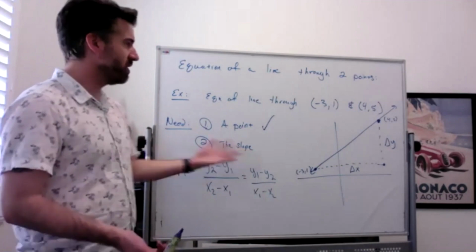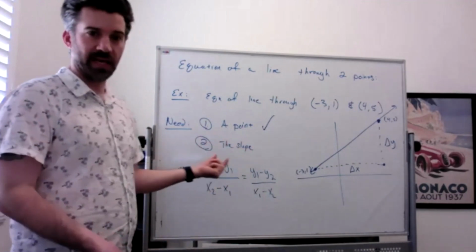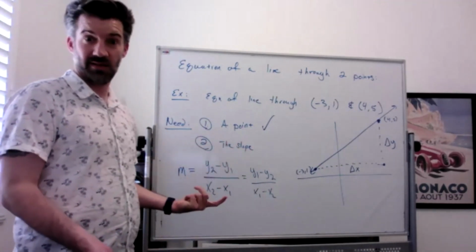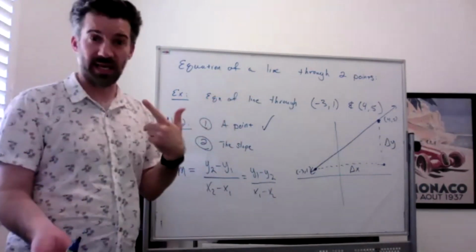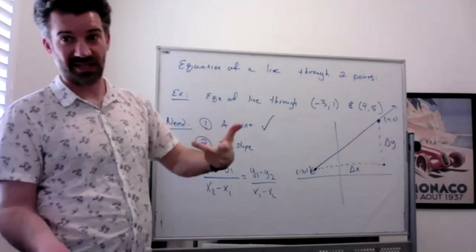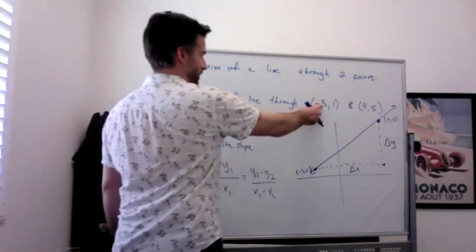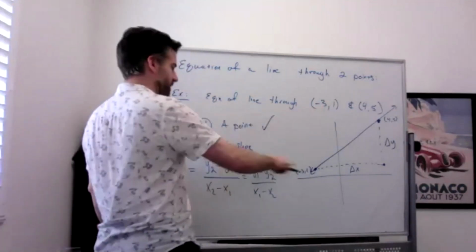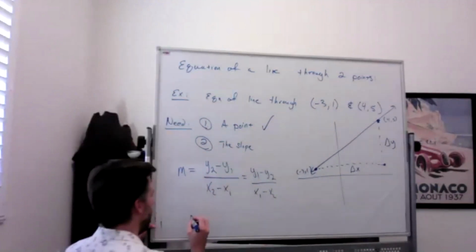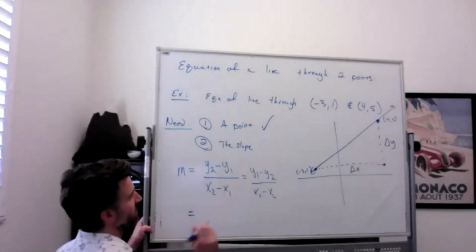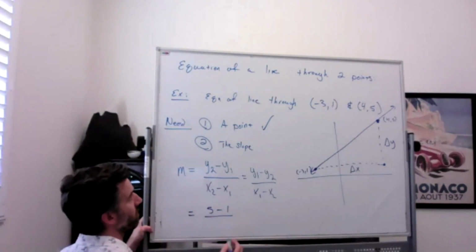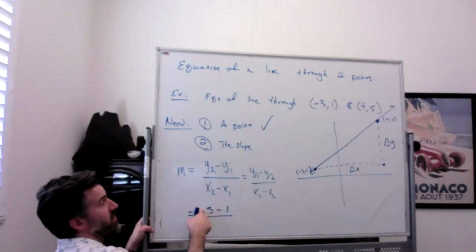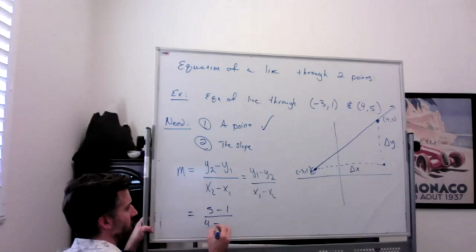So when you do this, the only thing you have to make sure is that you subtract in the same order for the y's and the x's. And you also have to make sure the y's are on top. I've often made the mistake of accidentally doing the x's on top because the x's come first. So you have to do the y's first: I can do 5 minus 1 over, and if I do 5 first on top, I have to do 4 first on the bottom.